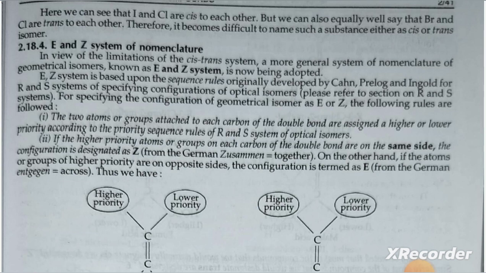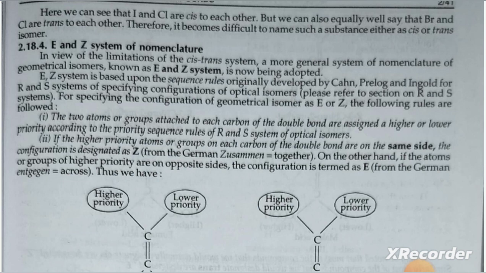For the RS system of specifying configuration of optical isomers, please refer to the section on the RS system. For specifying the configuration of geometrical isomers as E or Z, the following rules are followed. First, the two atoms or groups attached to each carbon of the double bond are assigned a higher or lower priority according to the priority sequence rules of the RS system of optical isomers.